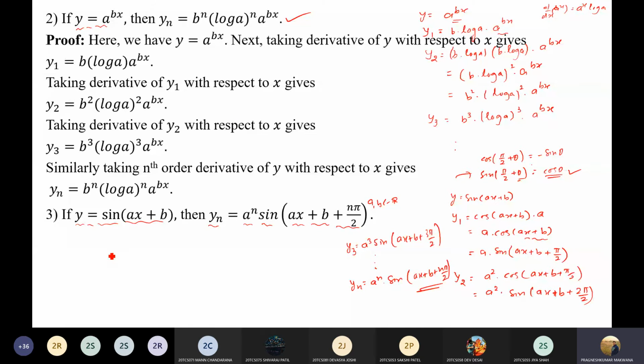So everyone try to find, if y is equal to cos(ax plus b), then what about yn? If done, then raise your hand.